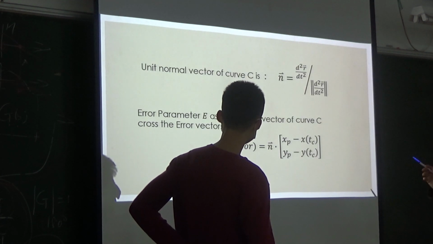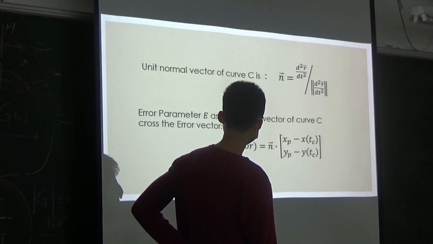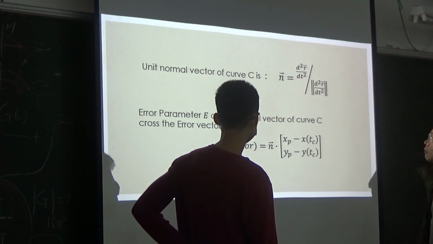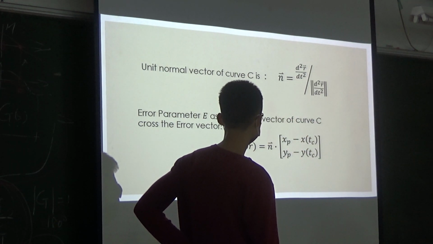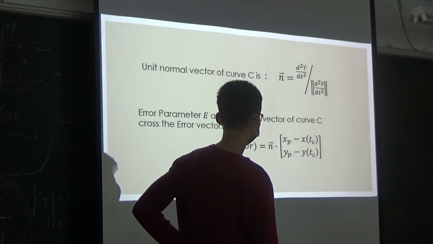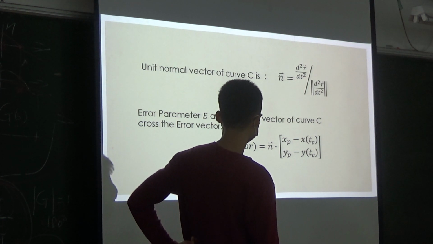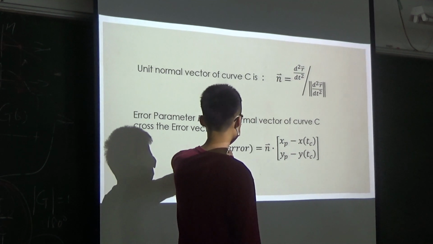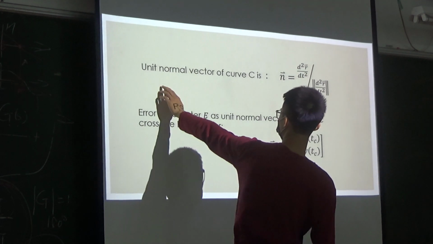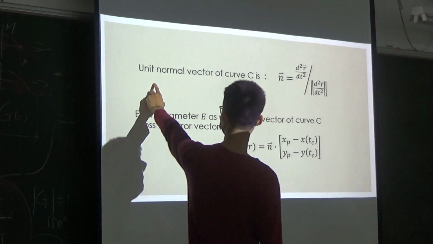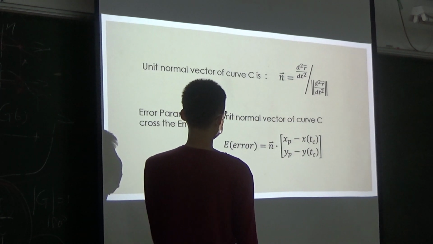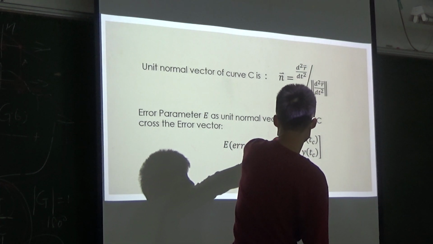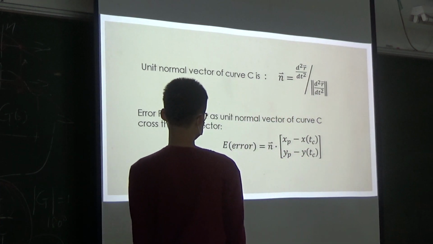Okay. So what is the uninormal vector of curve C? This uninormal vector, I don't understand.